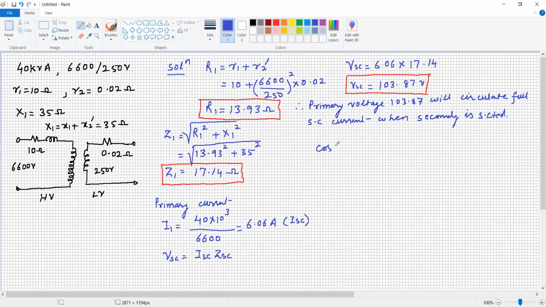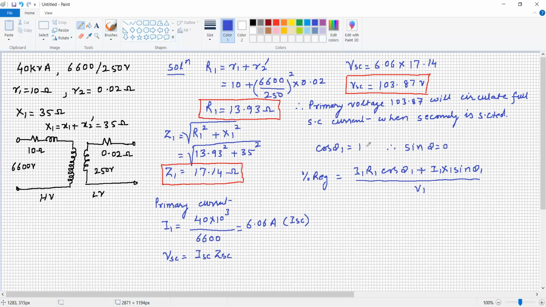So cos theta 1 is equal to 1, and therefore sin theta is equal to 0. Isn't it? So percentage regulation, from the primary side, is I1 R1 cos theta 1 plus I1 X1 sin theta 1 divided by V1.